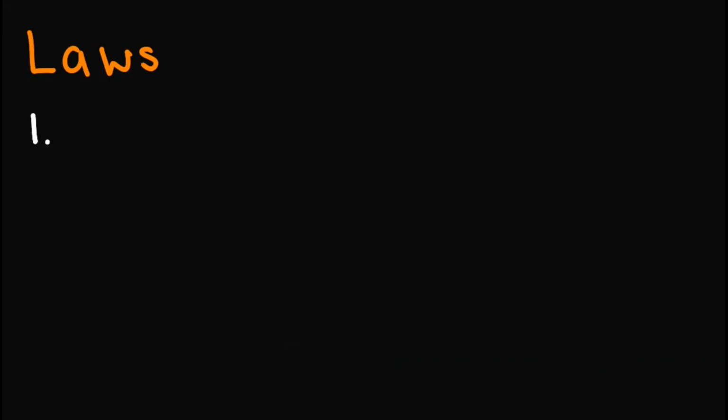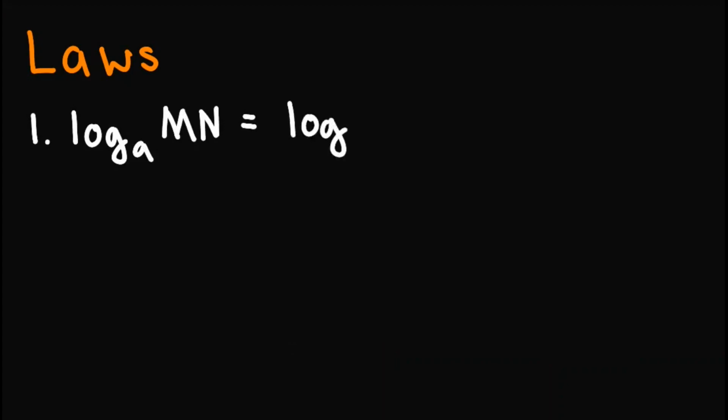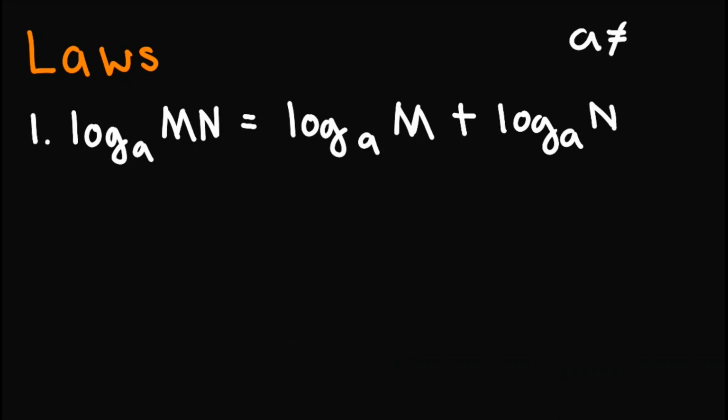If we have the logarithm of mn with respect to base a, this is simply equal to the logarithm of m with respect to base a, plus the logarithm of n with respect to base a. Again, note here that a must not be equal to 1.